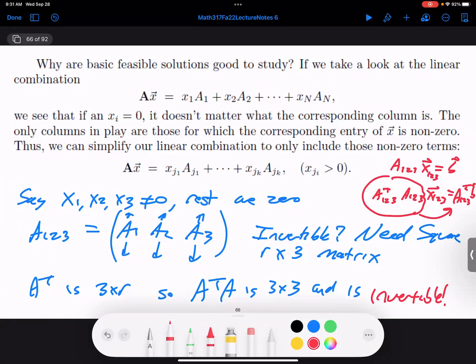It's not going to happen in the real world when you have your real valued numbers. But the idea is that we can reduce the problem to a smaller, simpler problem. If I only look at the columns that are linearly independent, then I can restrict my action to just that.